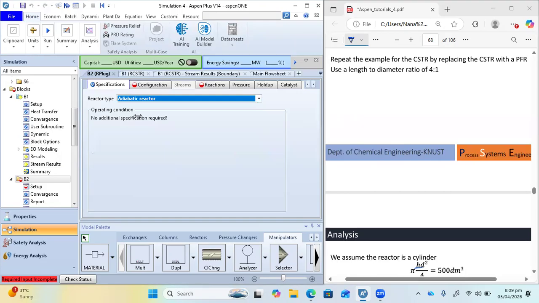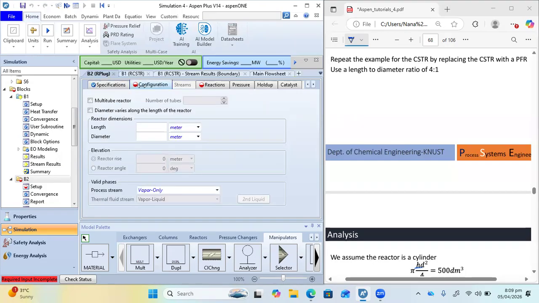Okay. So we'll come back to adiabatic and then configuration. If it's a single tube, we don't need to worry about it. If it's multi-tubular, we'll select this and choose a number of tubes, right? If the diameter is constant throughout the length of the reactor, we are not worried. If it varies, we check that as well, so that we know that there's going to be some variation.